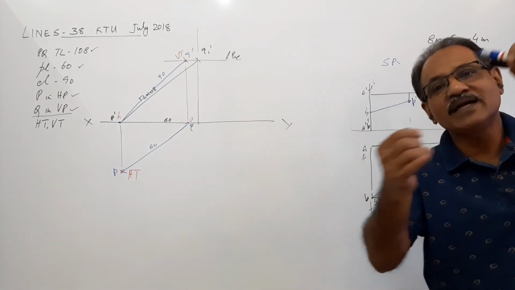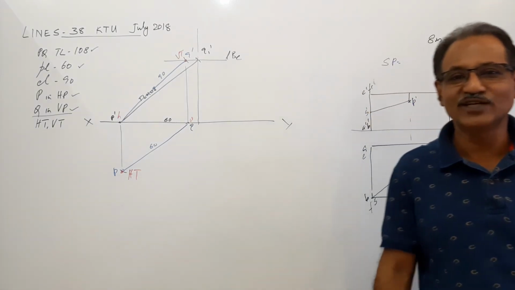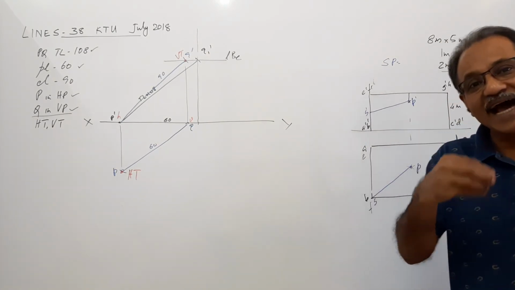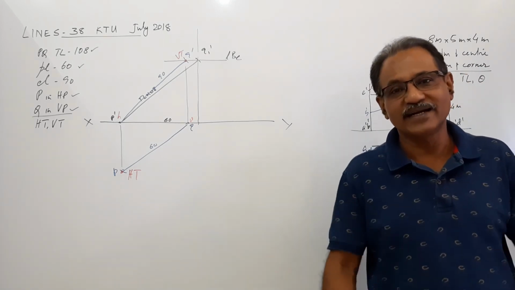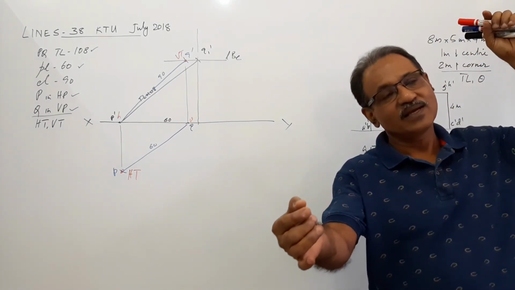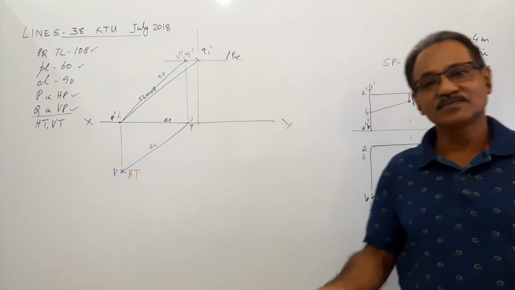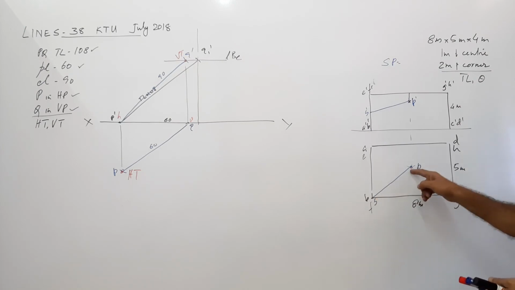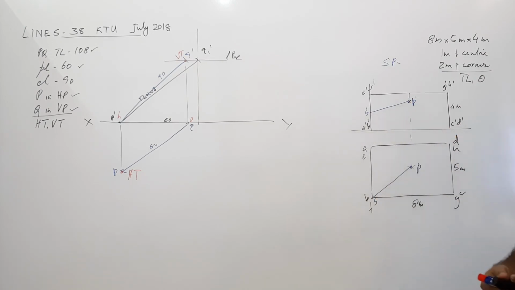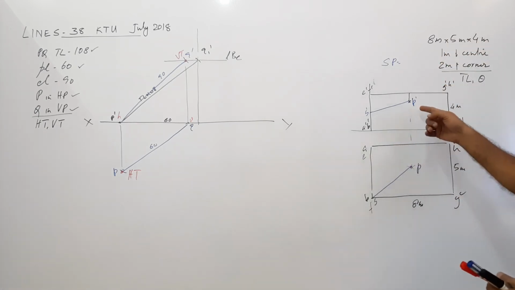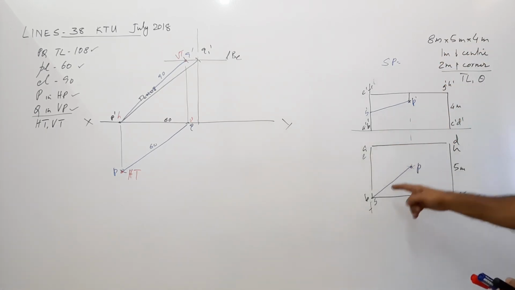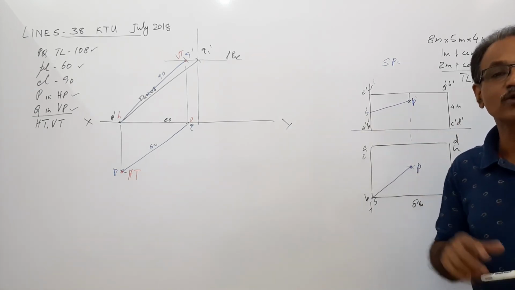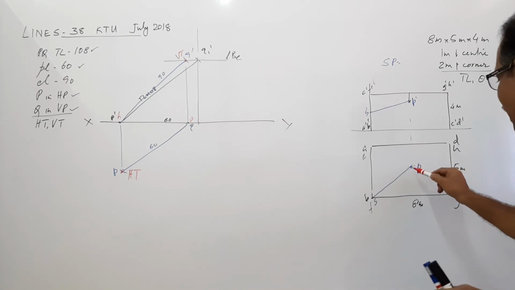If you connect the bulb and the switch with a wire, ignoring the allowances or additional length to be provided, the distance between the bulb and the switch is SP. Small sp is its plan and s dash p dash is the elevation. You are asked to find out the true length of the wire. What do you do? You make it parallel to XY.